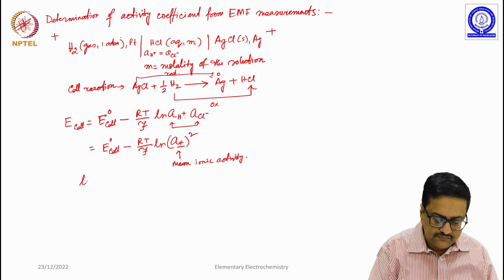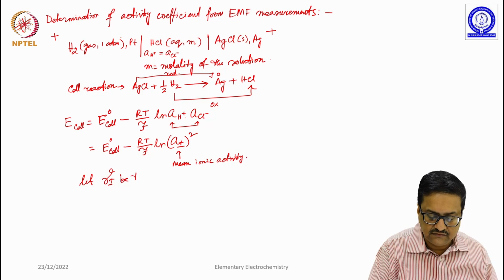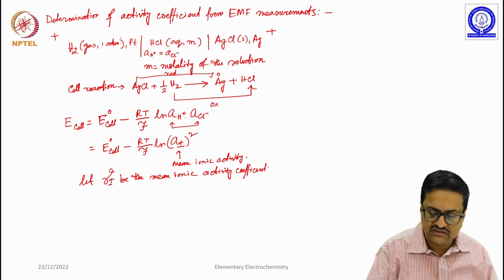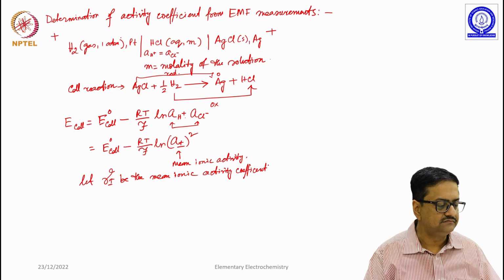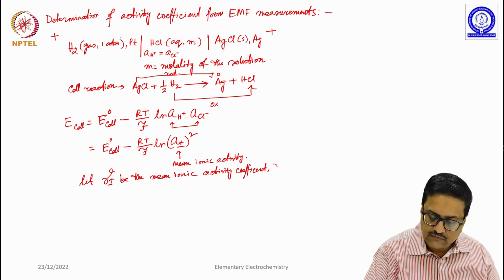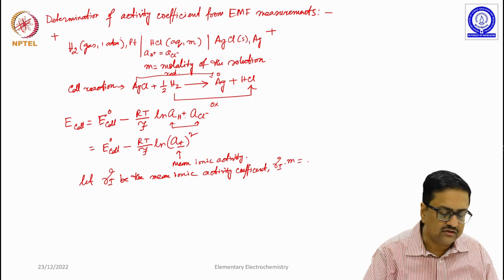And let gamma plus minus be the mean ionic activity coefficient such that gamma plus minus into m is equal to A plus minus.